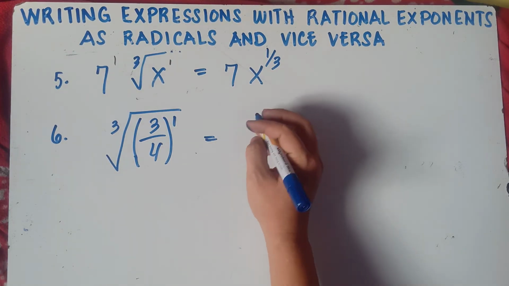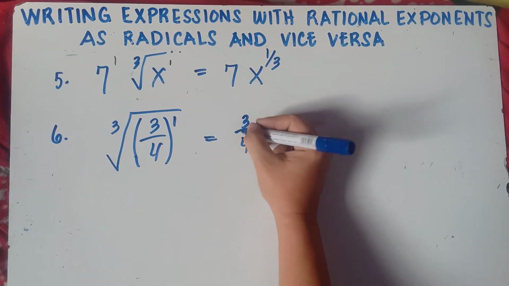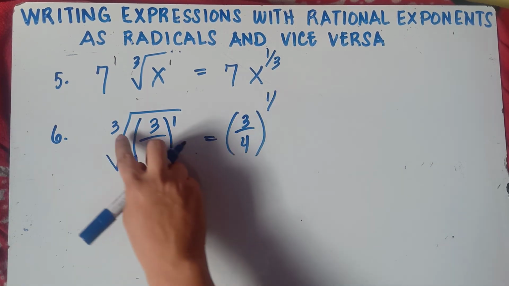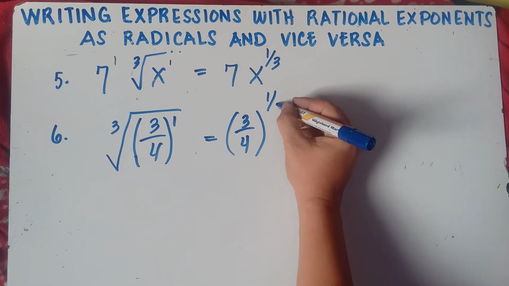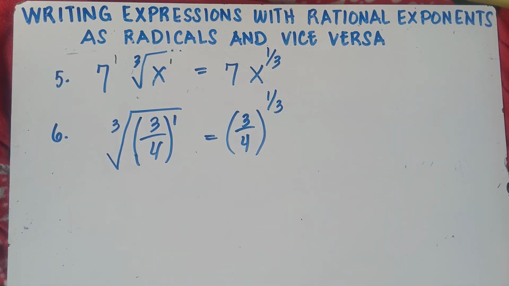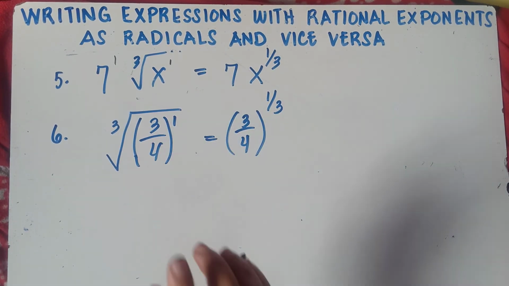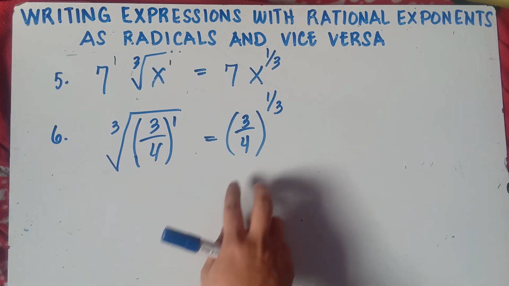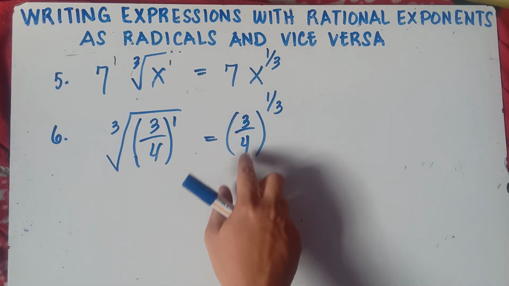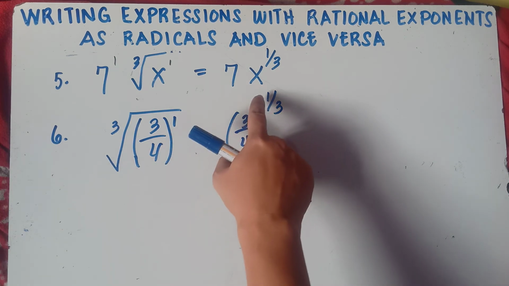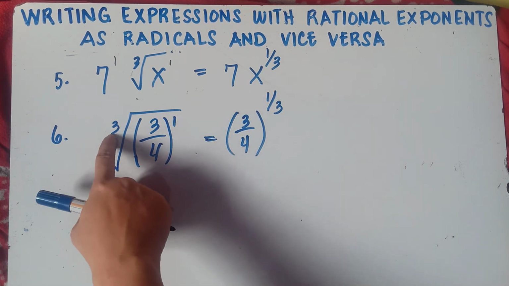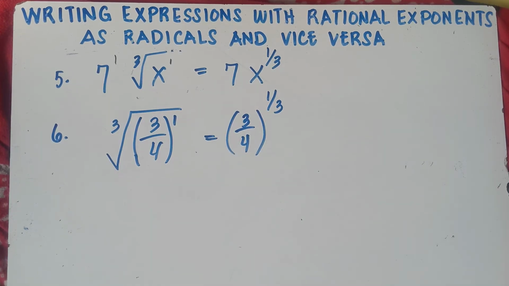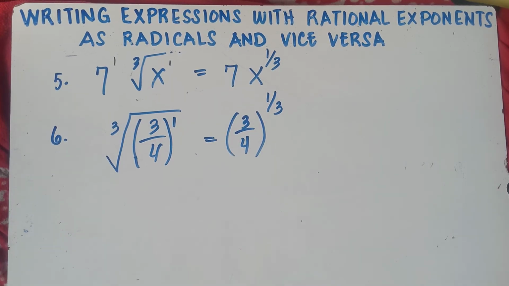So copy 3 over 4 in a quantity, the exponent is 1, and this index 3 will be the denominator. So the quantity 3 over 4 raised to the power of 1/3. That's it, class. That's the answer for number 6.